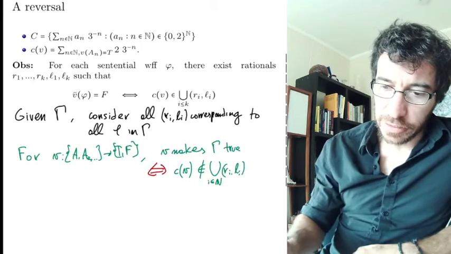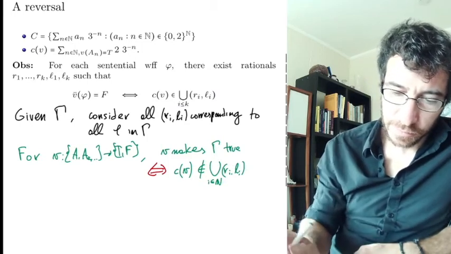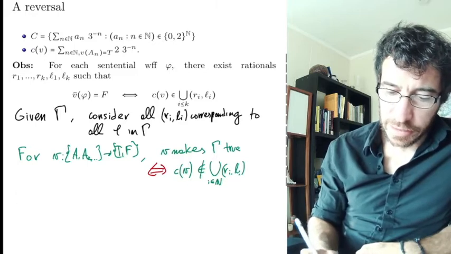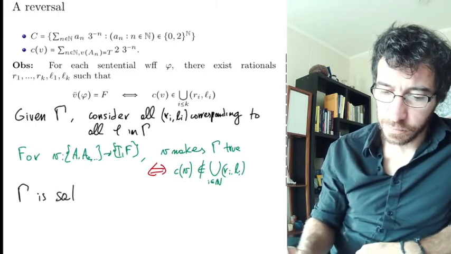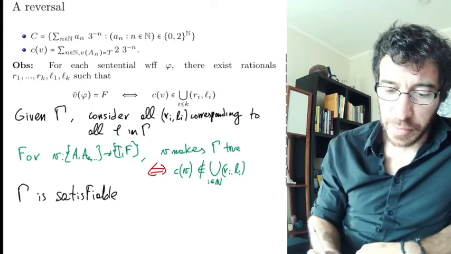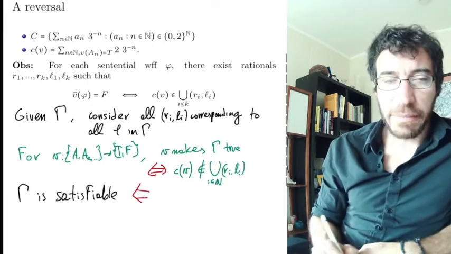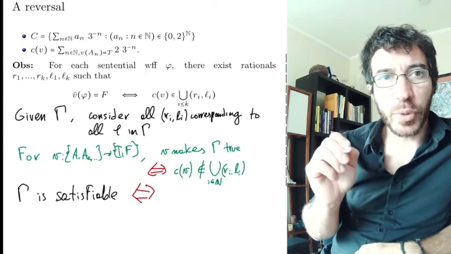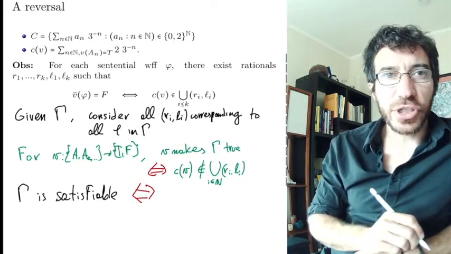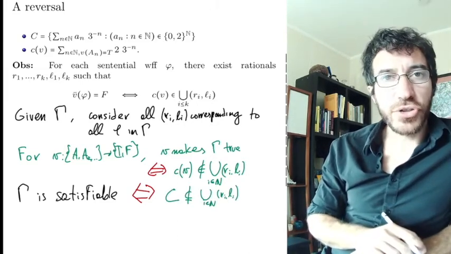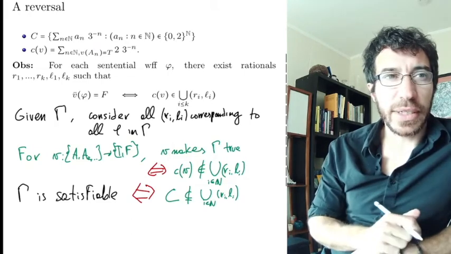So we can rewrite this as: gamma is satisfiable. Satisfiable means there exists an evaluation that makes it true, right? So that means there exists an evaluation whose point in the Cantor set is not in those intervals. If the Cantor set is not covered by these intervals, that's exactly what it means to be satisfiable.